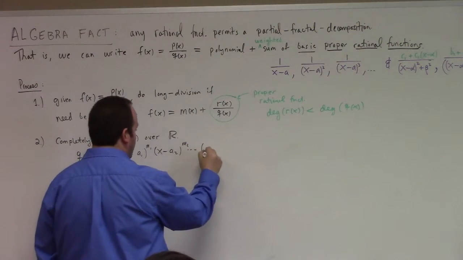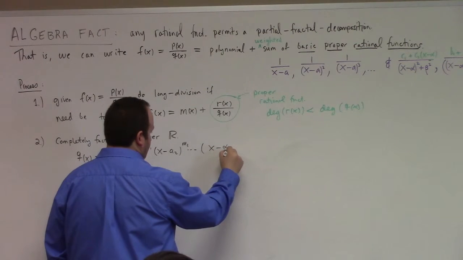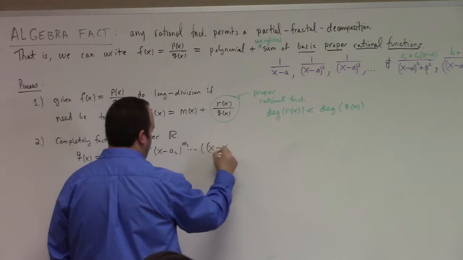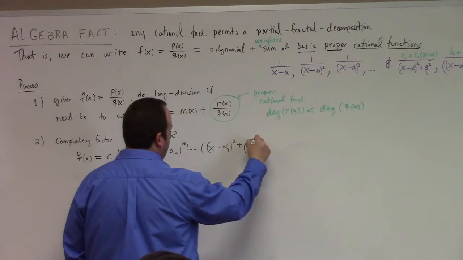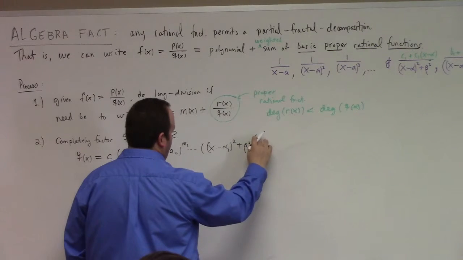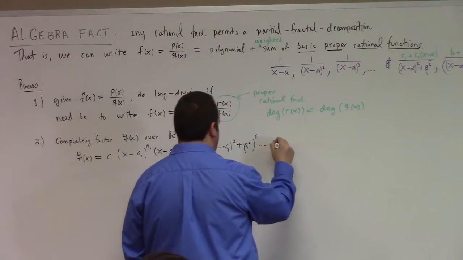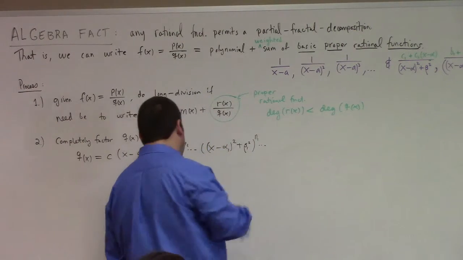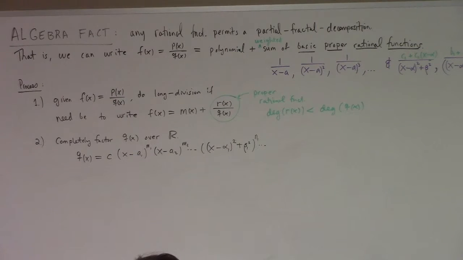Then eventually you have irreducible quadratics, x minus alpha 1 quantity squared plus beta 1 squared, to the n1 power, and these go on. Eventually you have a product of possibly repeated linear factors and possibly repeated quadratic factors. Okay?